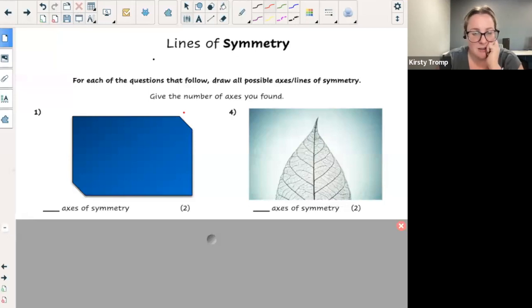Okay, cool. Are they vertical lines or are they horizontal lines? Or are they diagonal lines? What kind of lines are they? I would say horizontal.